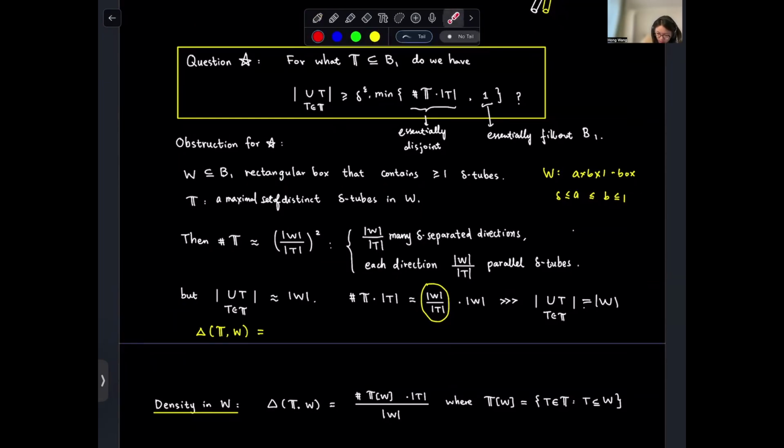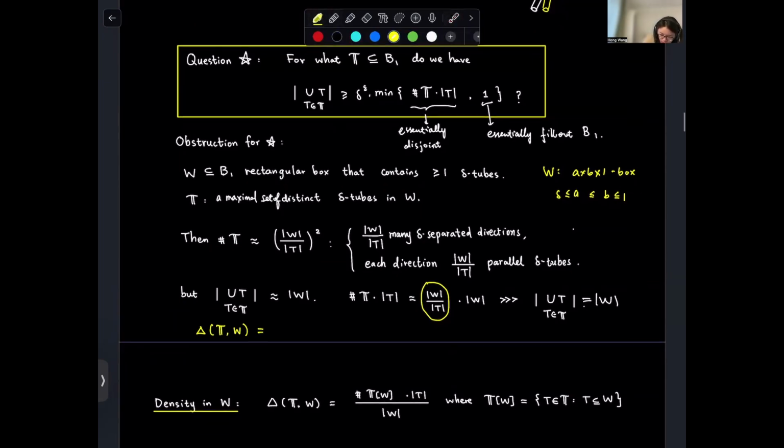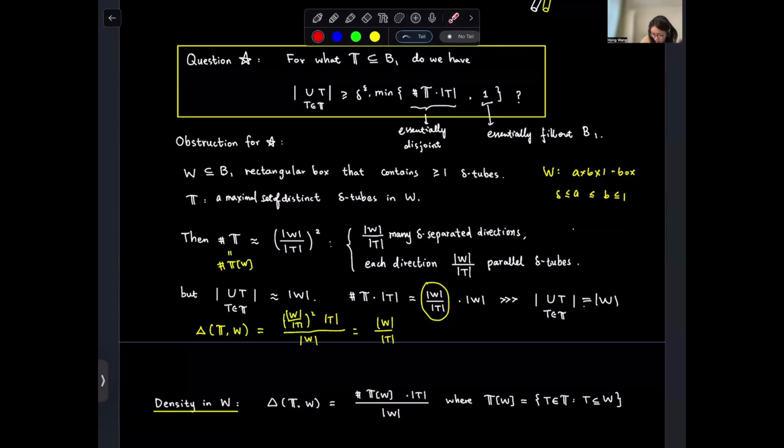Since T is contained in W, the number of tubes equals the number of tubes contained in W. Now this is the square times the volume of T divided by the volume of W, which equals exactly W over T. And this density, in this case, is the extent to which the example fails the inequality we want to show.